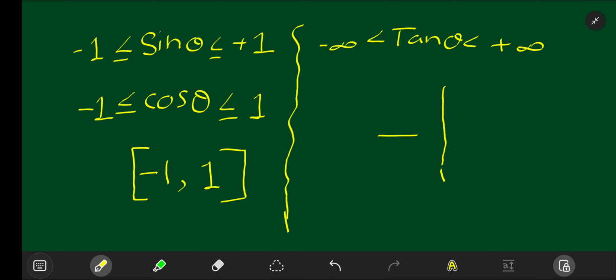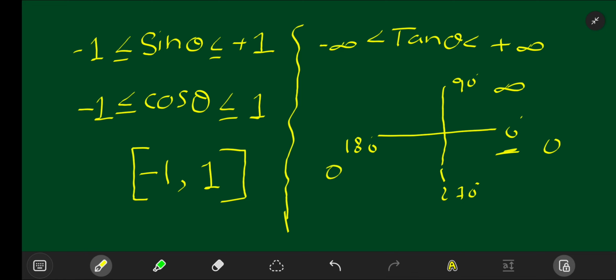I will prove it this way. 0 degrees, 90 degrees, 180 degrees, 270 degrees. Tan 0 degrees is 0. Tan 90 degrees is infinity, and tan 180 degrees is also 0.